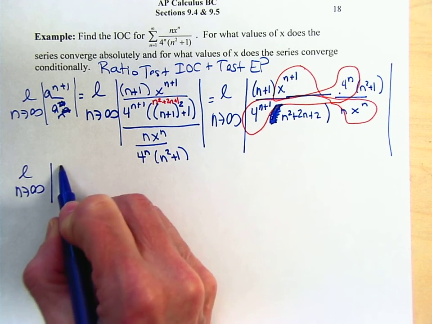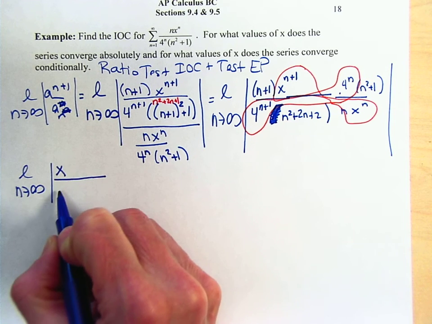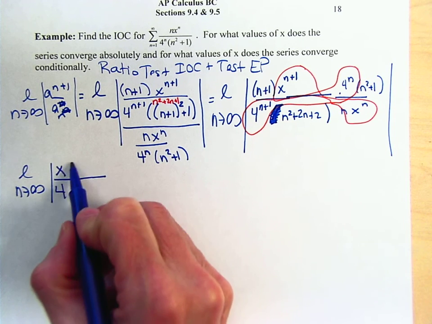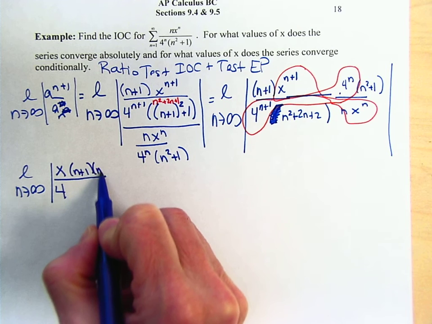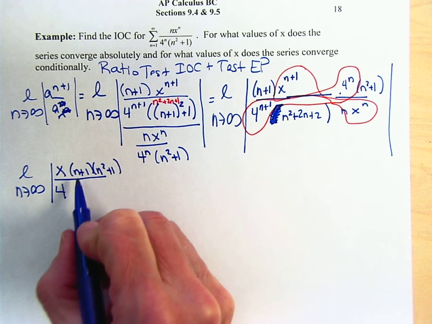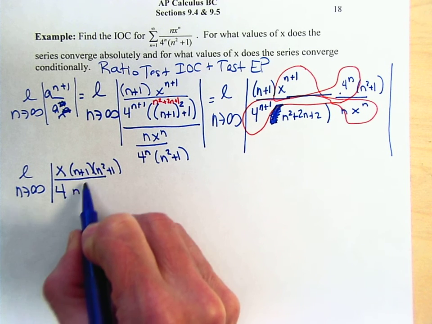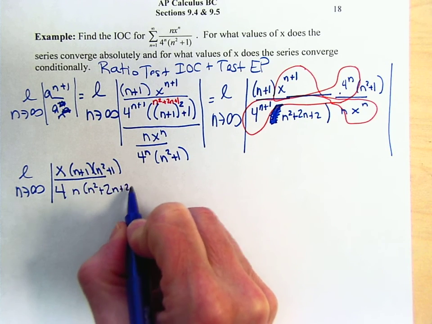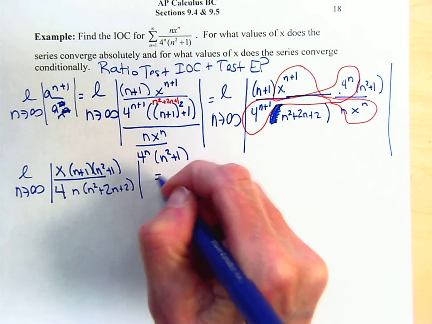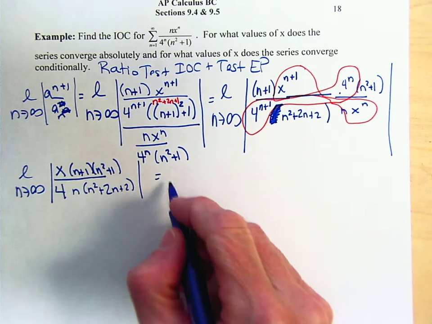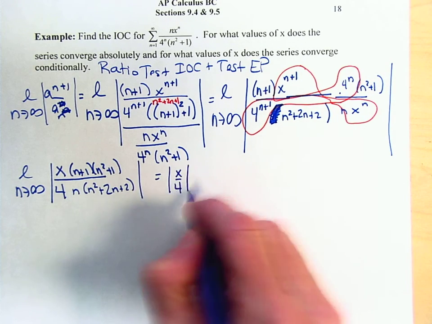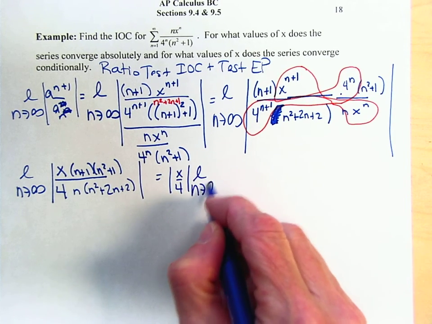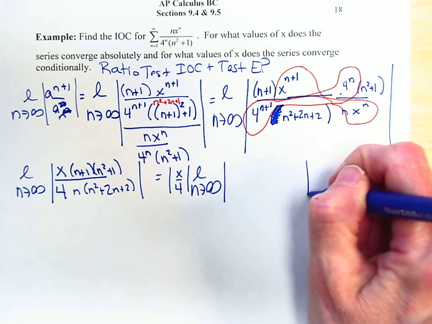So I'm left with an x in the top, a 4 in the bottom. And then I have n plus 1, n squared plus 1. And I have n times n squared plus 2n plus 2. So I'm going to move the x over 4 out front. And I'm going to FOIL this thing out.